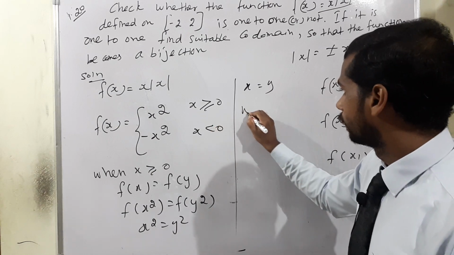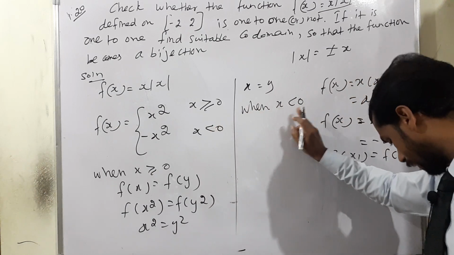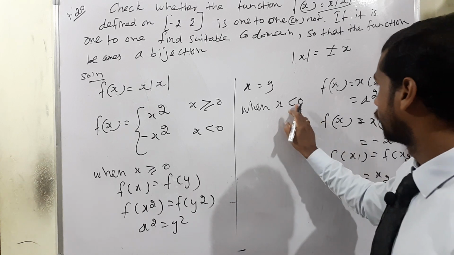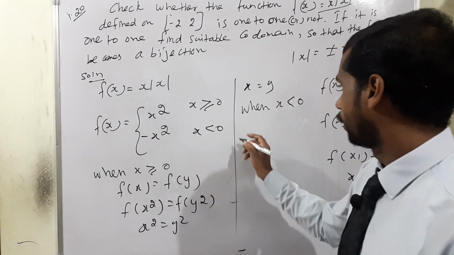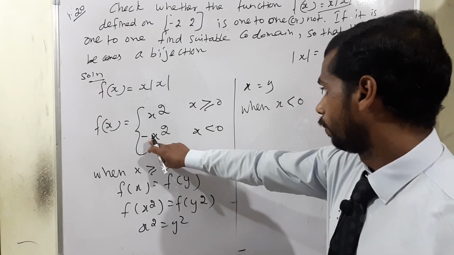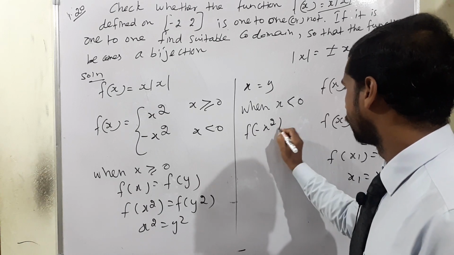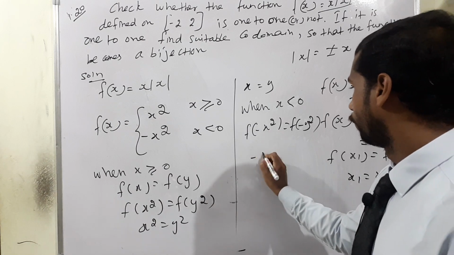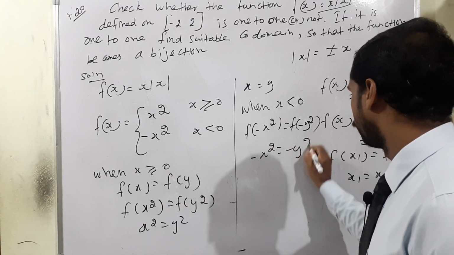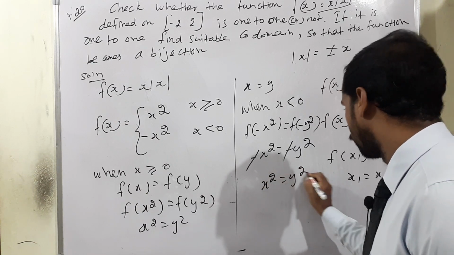Second case, when x is less than 0. When x is less than 0, negative value is considered. So negative means minus x square, isn't it? Therefore, f of minus x square is equal to f of minus y square. Therefore, minus x square is equal to minus y square. Both sides minus cancel. The same condition, x square is equal to y square.